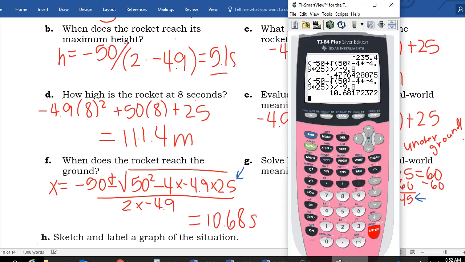I'm not going to write out the whole equation again. I'm going to just utilize my calculator. I'm going to change my C term, and I'm going to make that say negative 45. And that is my minus answer. And I'm also going to do my plus answer.